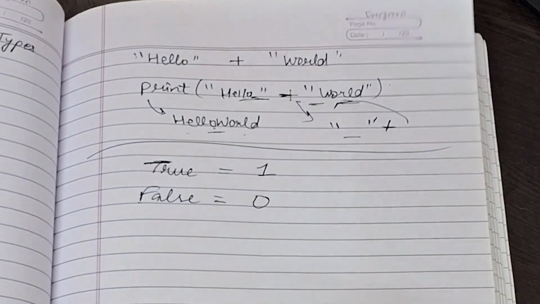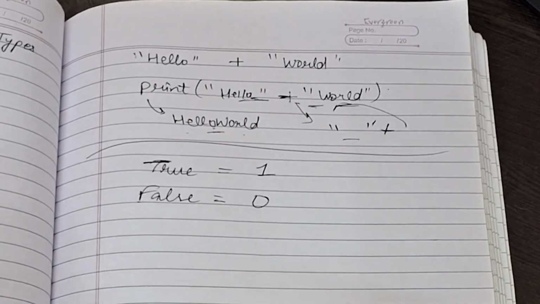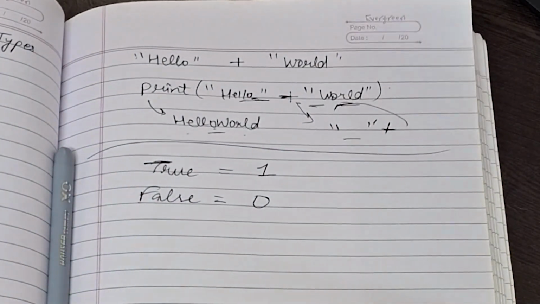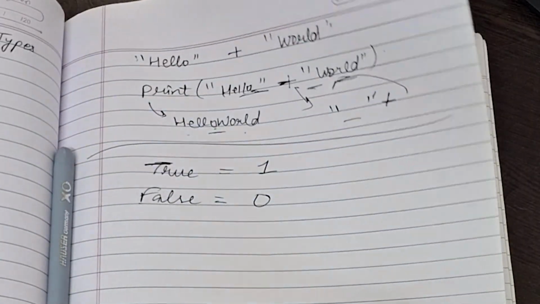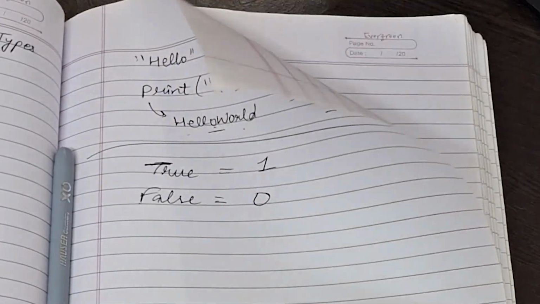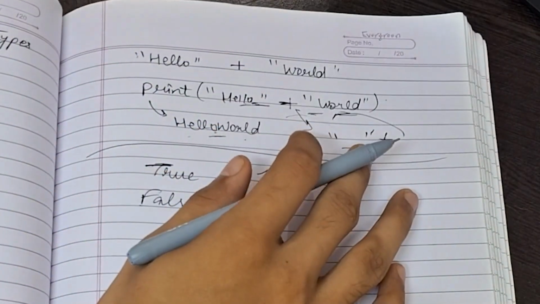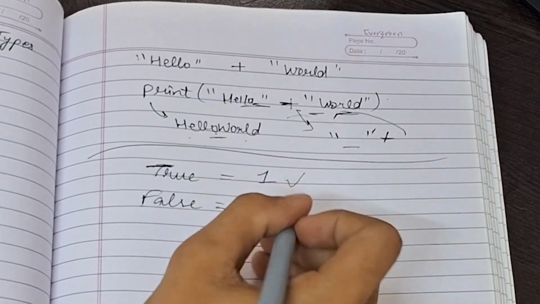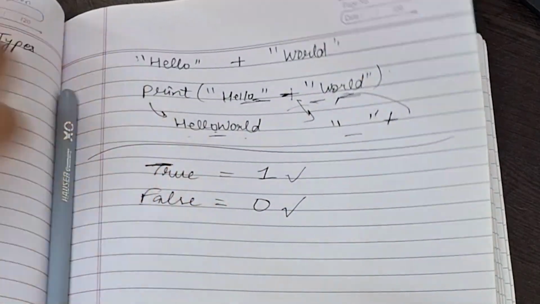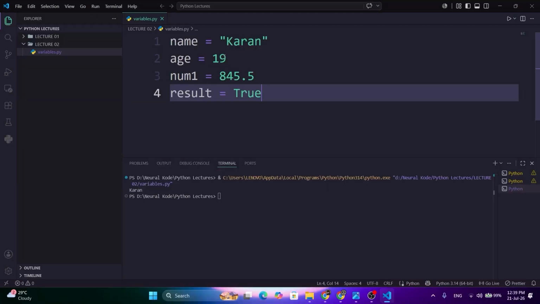If there is zero, the result will be false. We will see that when we do loops and other control structures. But till now, understand that the value of true is 1 and the value of false is 0. We have seen strings, integer, float, and boolean.